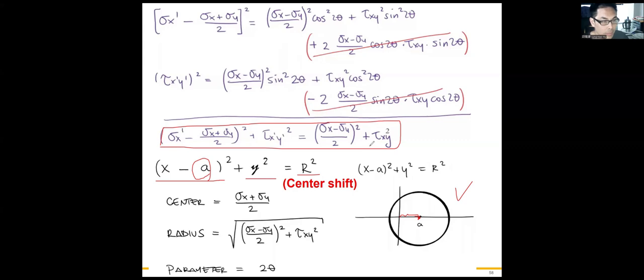It's this term, the radius of the Mohr circle. And where's the center? Sigma x plus sigma y divided by 2 represents the center of the Mohr circle.